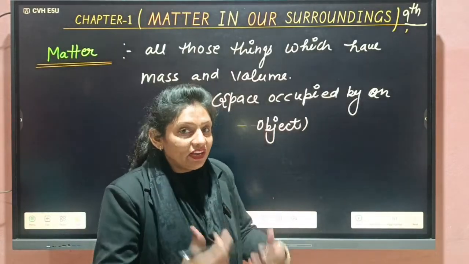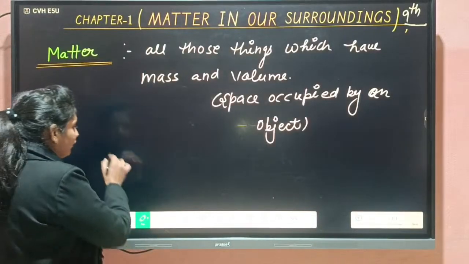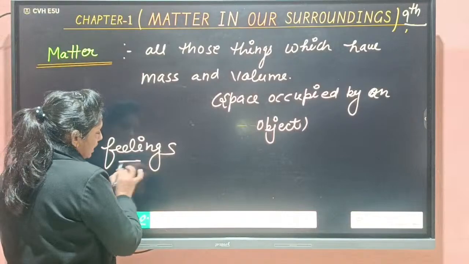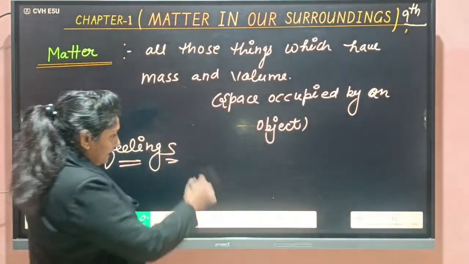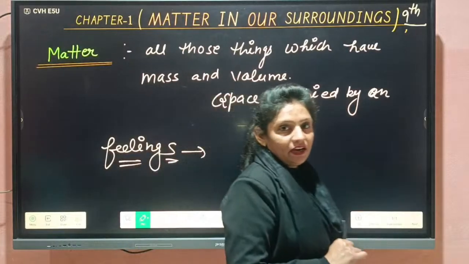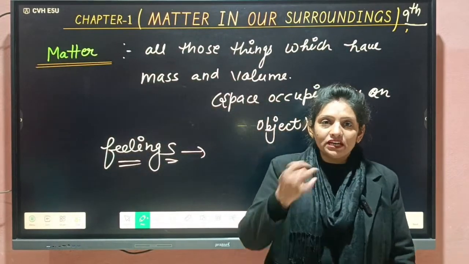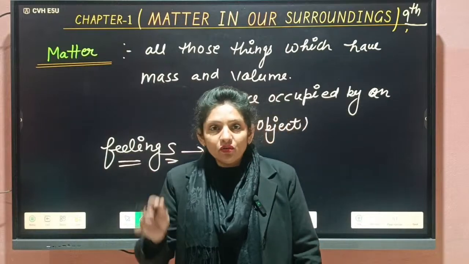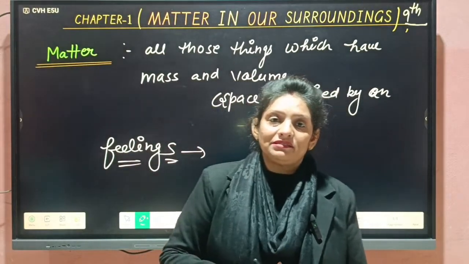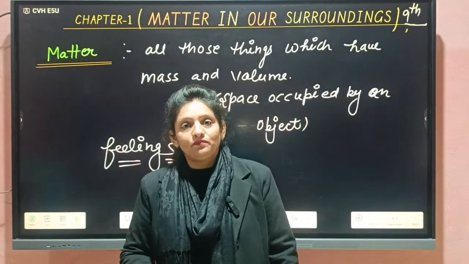Okay, but our feelings, are they matter? No. I am happy. Can I explain? I am 2 kg happy. No. They do not have any mass. They do not have volume.